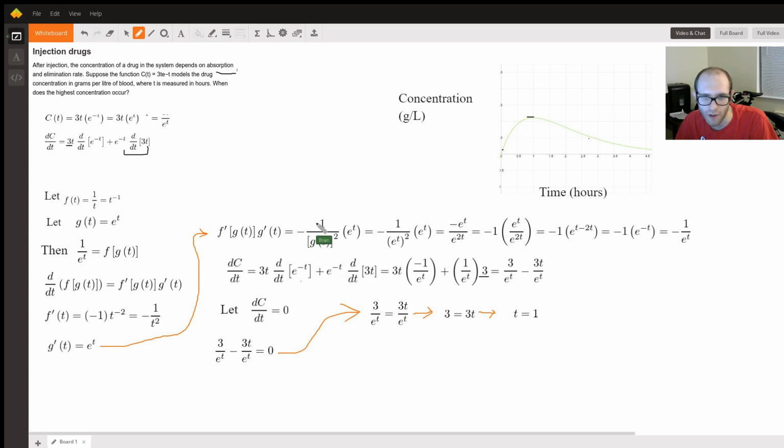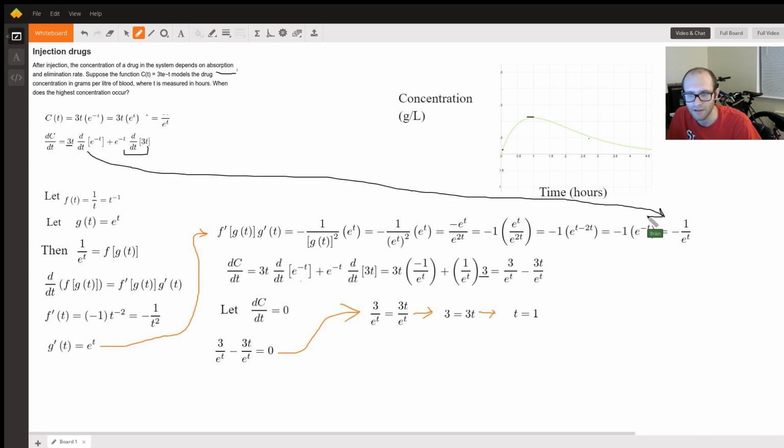So that's negative 1 over g of t squared, because that's f prime g of t, times e to the t, that's g prime t. And the rest is just rewriting it, nothing more than exponent laws and all that stuff. So anyway, the derivative of e to the negative t is negative 1 over e to the t.